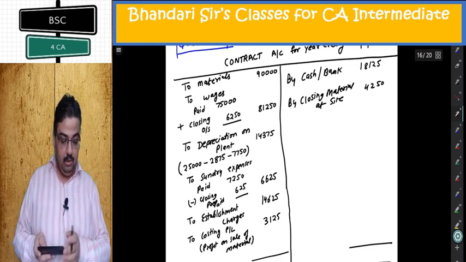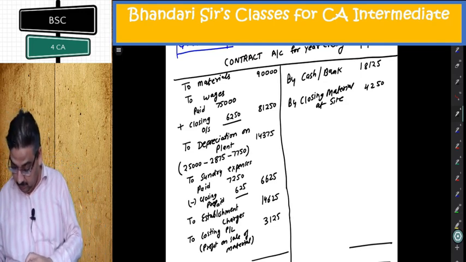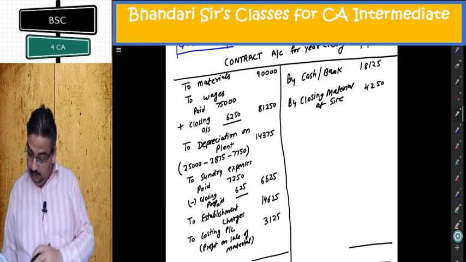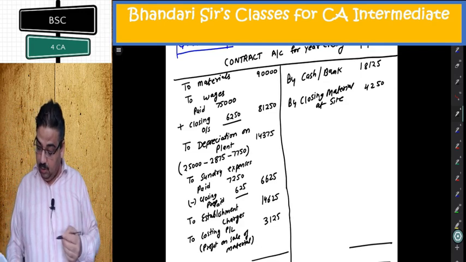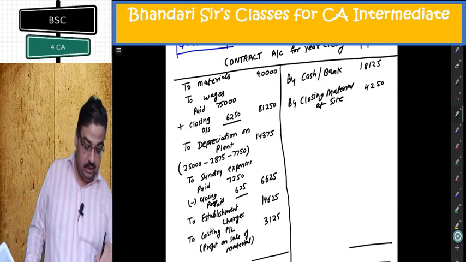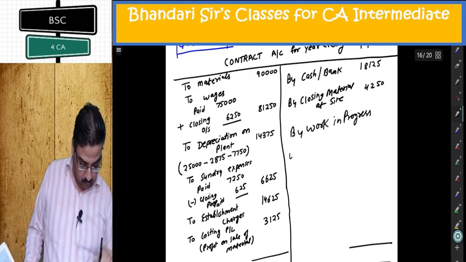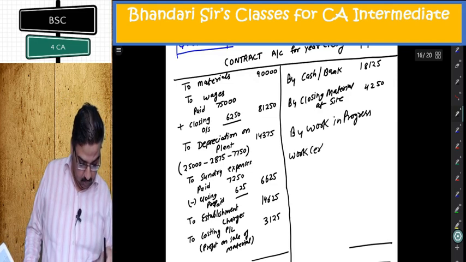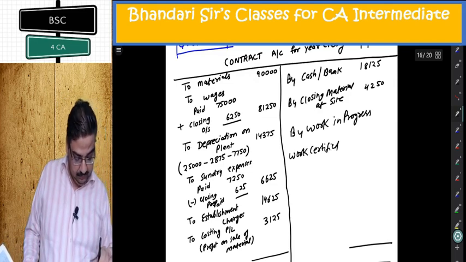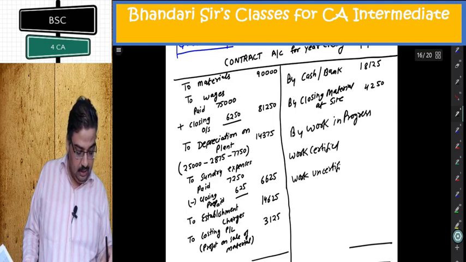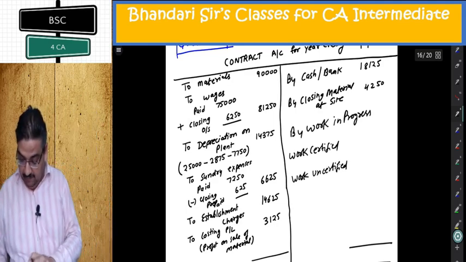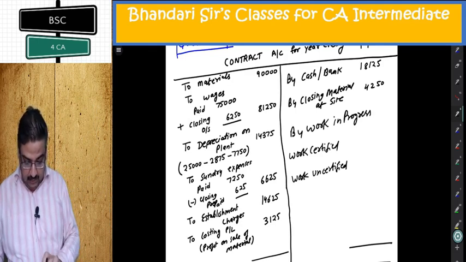Let us compute. Okay, closing WIP is still pending. WIP should be given. Okay. Cash received, I'll not put, representing 80% of work certified by work in progress. Work certified, work uncertified. Now certified is 1,75,000 divided by 80%.